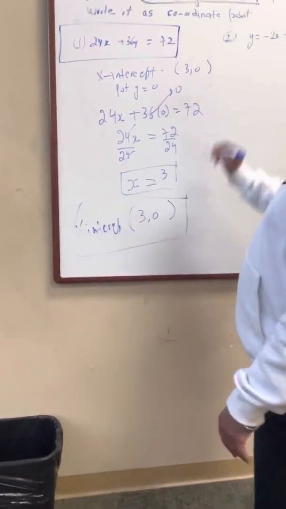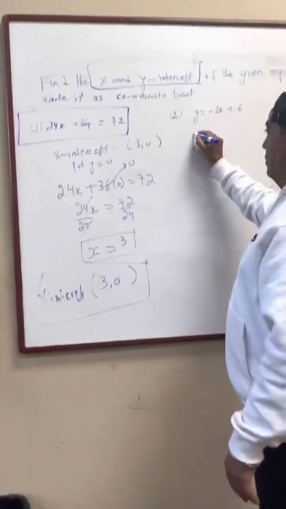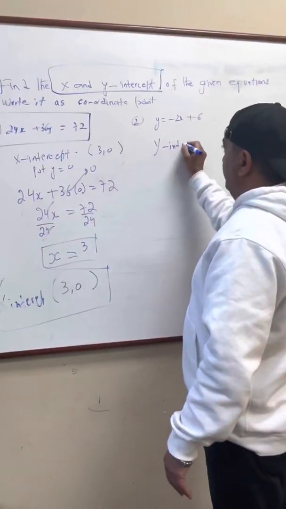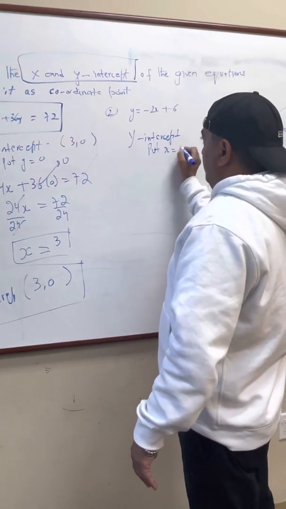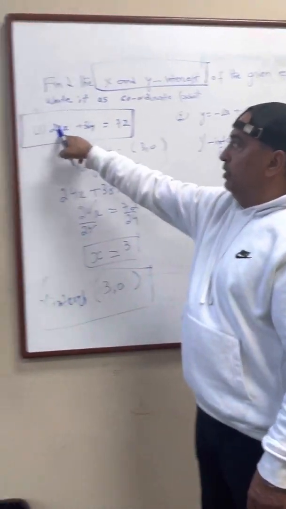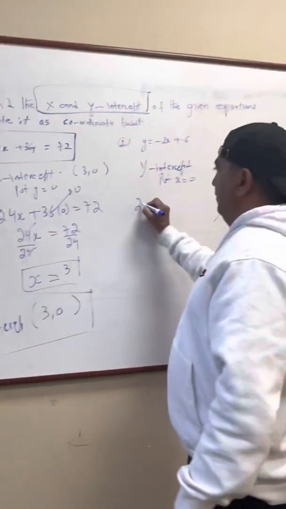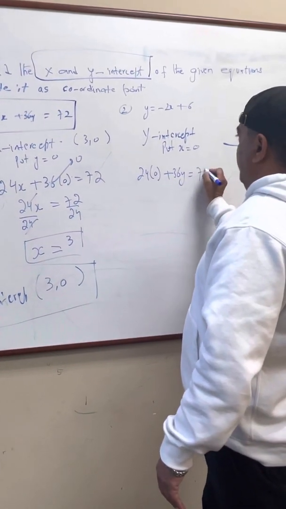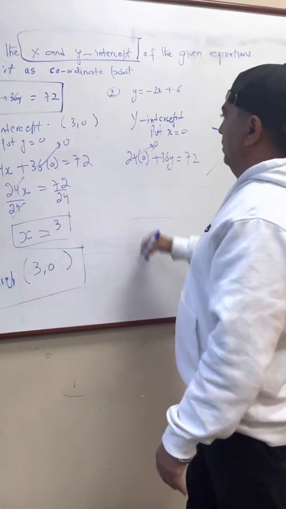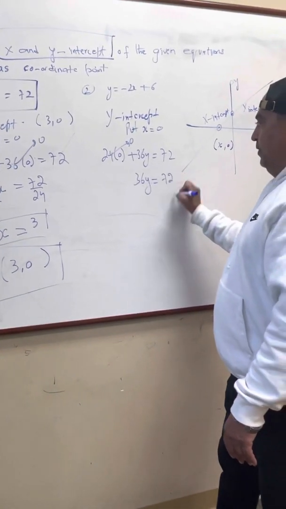In order to get the y-intercept, and remember we are solving only this question right now, we will put x as 0. When we put x as 0, this term will vanish. So 24x is 0 plus 36y is equal to 72. This becomes 0, which leaves me 36y as 72.